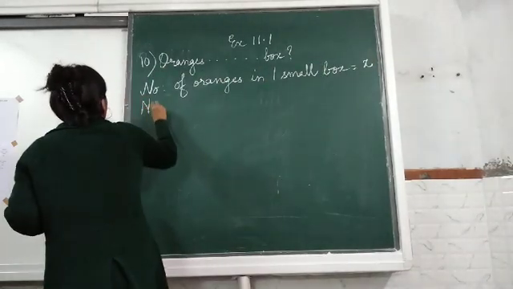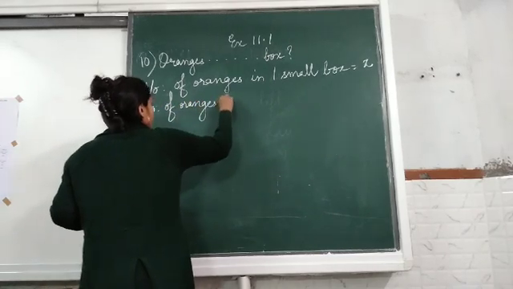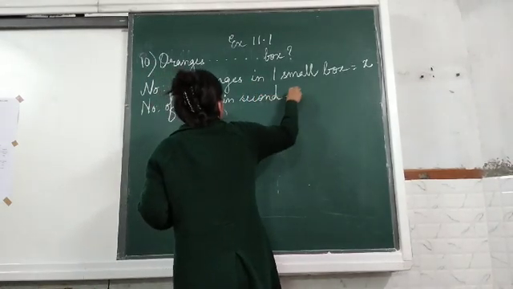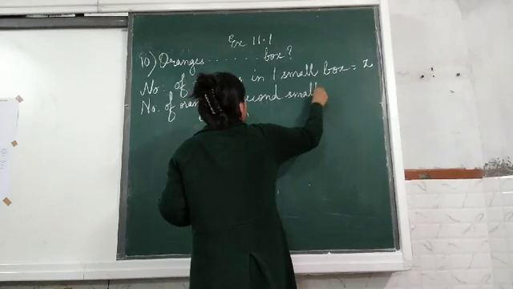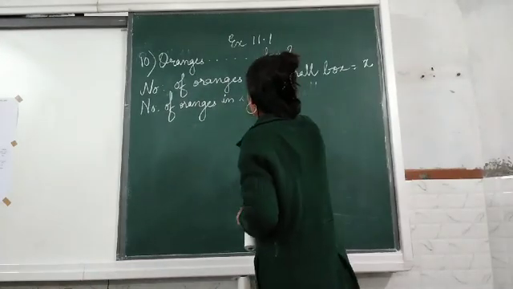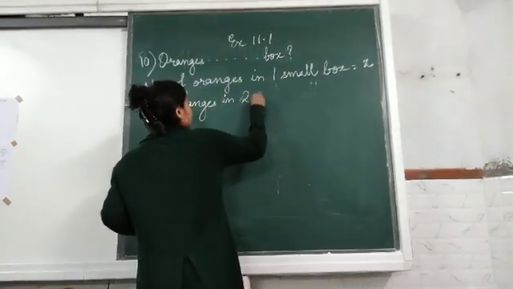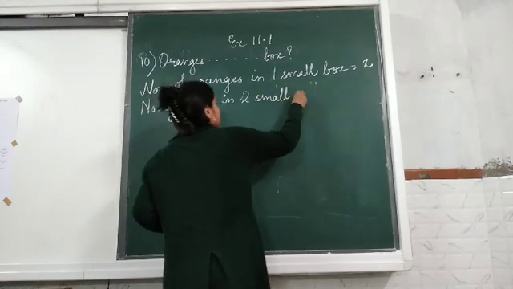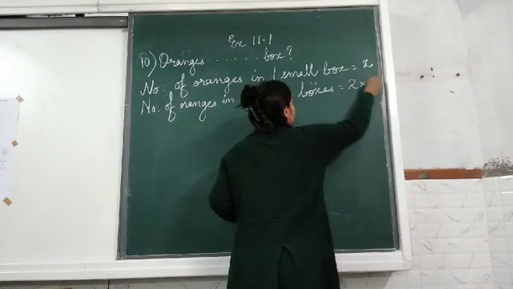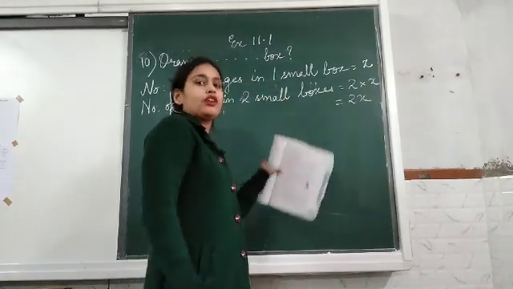Then two small boxes, okay, we can also write two small boxes. That is 2 into x, 2x, or you can do x plus x, which is equal to 2x.